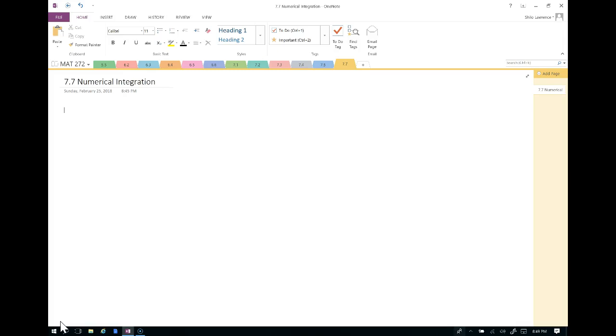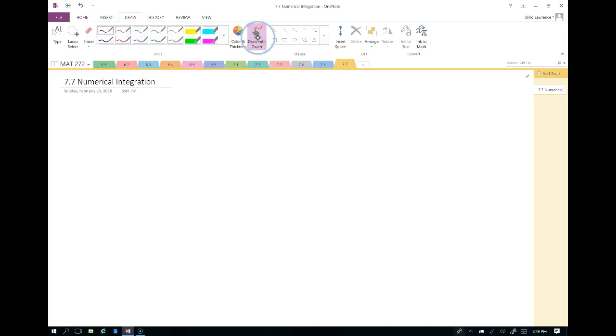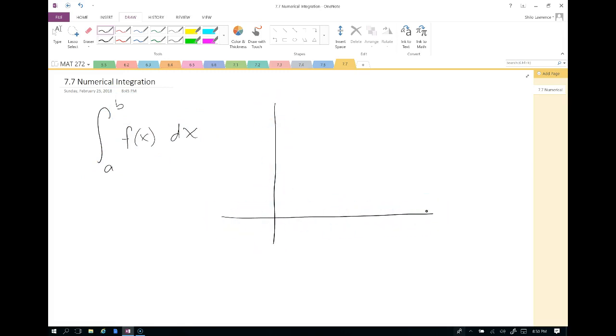The basic idea is exactly the same. They just make different shapes out of the area under the curve, and you'll see what I mean when I draw a picture here. So let's say we were asked to integrate some function from a to b, and we just wanted to do an estimate using numerical integration.